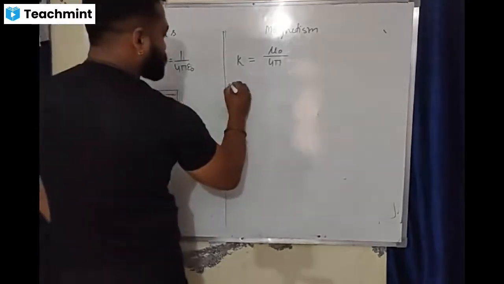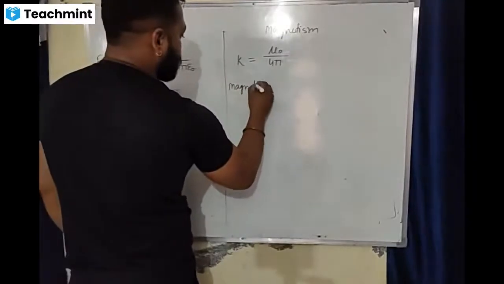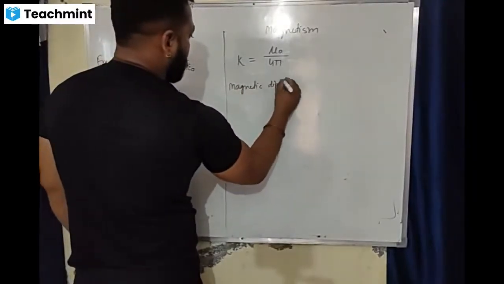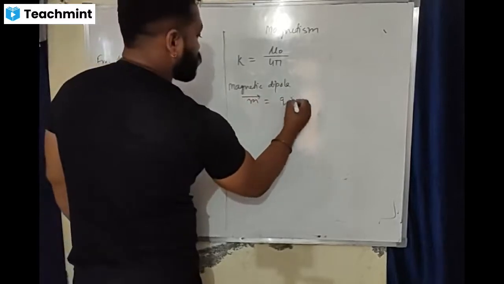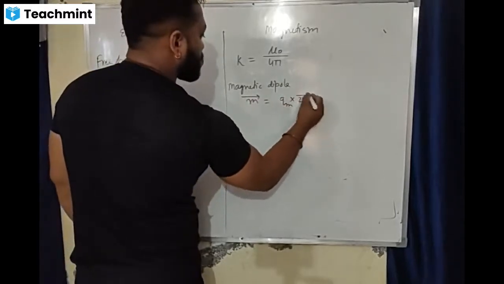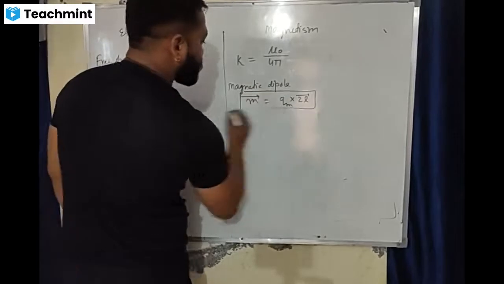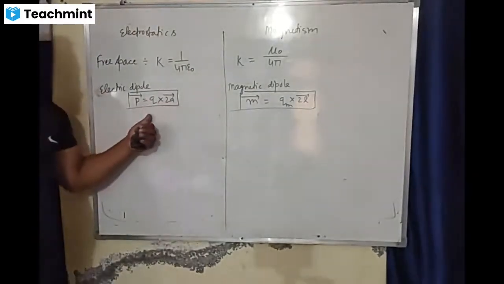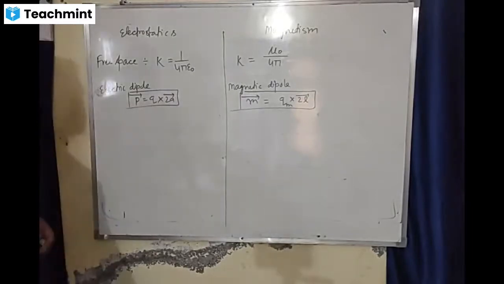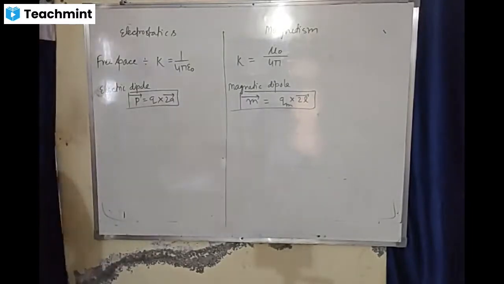Here the magnetic dipole is given by M equals Qm into 2L. This is the pole strength and this is the separation. This is the magnitude of the charge, and this is the separation. So this is the similarity.